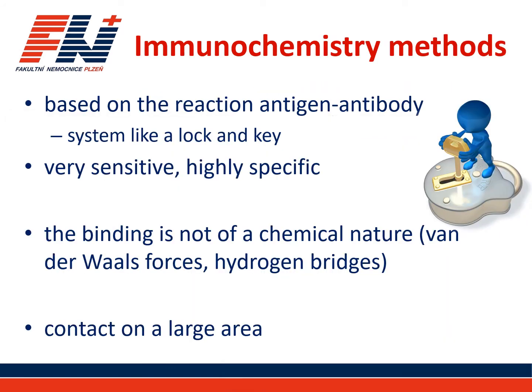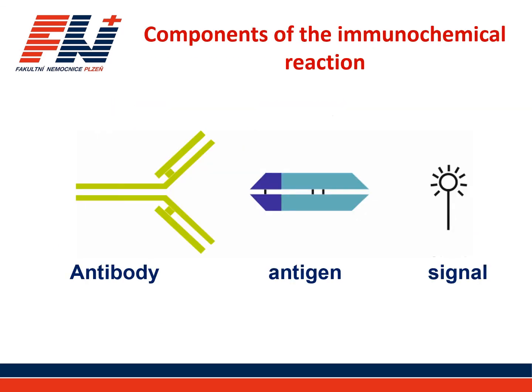The principle of this method is a reaction between antigen and antibody. This is a system similar to a lock and key. For this reaction you need 3 reagents: an antibody against, for example, the PSA molecule, the antigen, which is for us in this case the PSA molecule, and some signal which is measured and quantified.